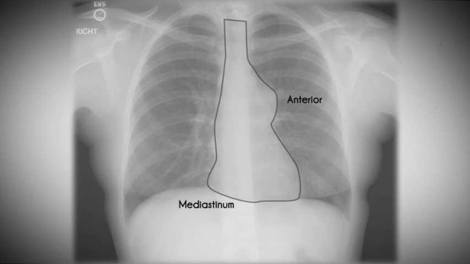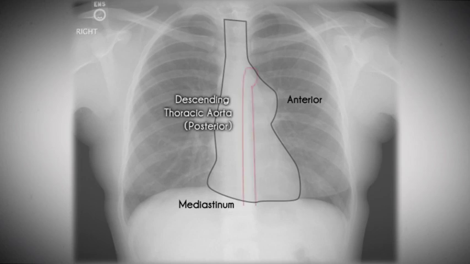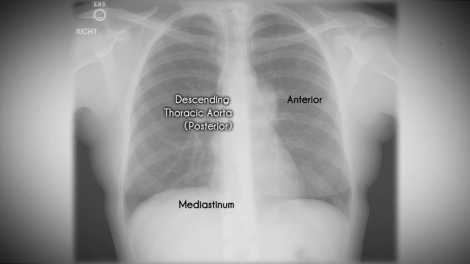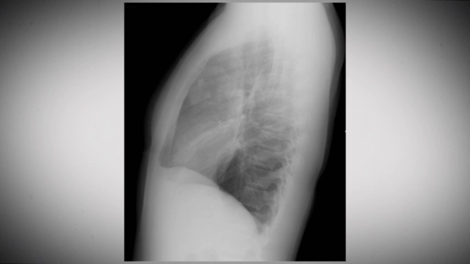At the same time, the normal descending thoracic aorta can be observed, which is posterior to the lesion. The mass produces a convexity and obliterates the normal contour of the pulmonary artery, and thus needs to be explained. From the lateral view, in place of the normal retrosternal clear space, there is a soft tissue mass with a couple of densities within.